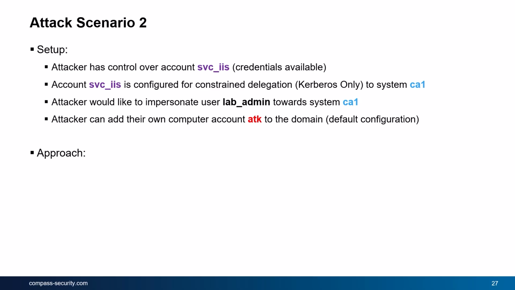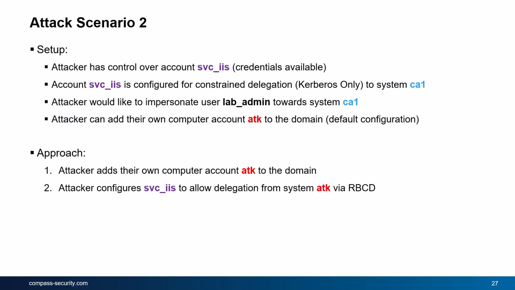So the approach is as follows. First, we add our own computer account to the domain. Then we again configure resource-based constrained delegation on the account that we already control, so the SVC IIS, to allow delegation via RBCD from the computer account that we just added.